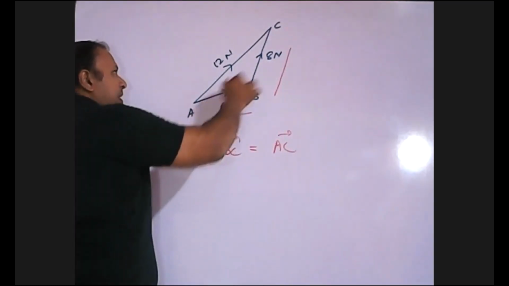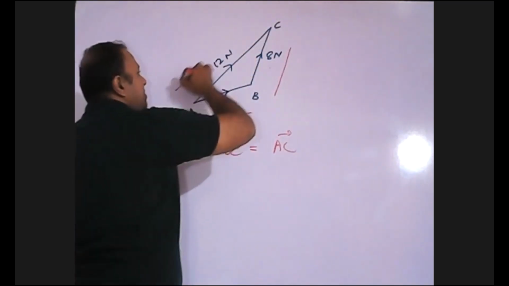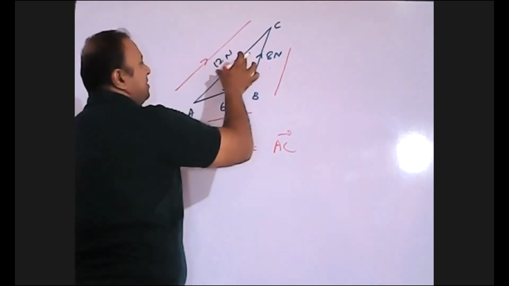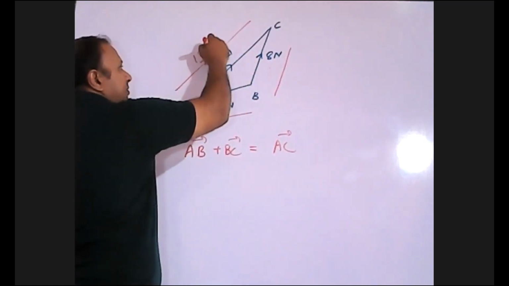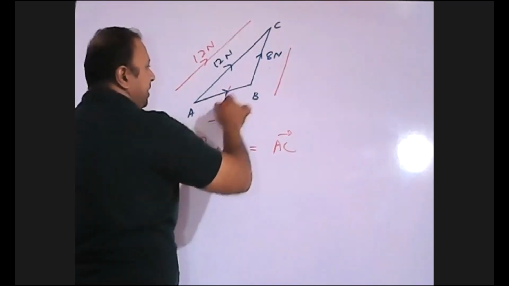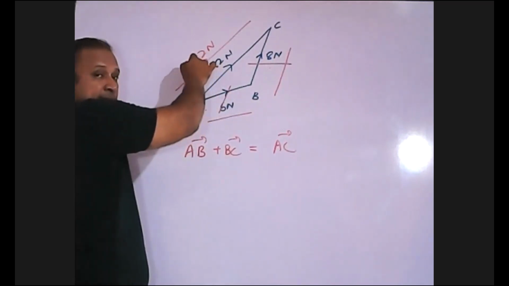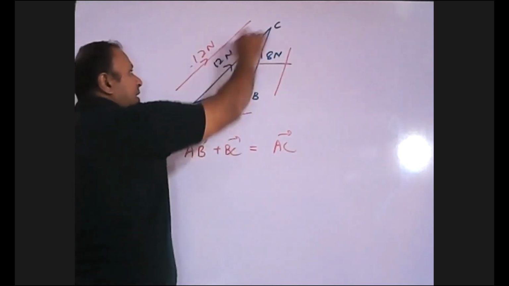So 6 plus 8 is equal to the AC vector. The AC vector is equal to 12 Newton. So the addition of these two is equal to 12 Newton, and the direction is from A to C.